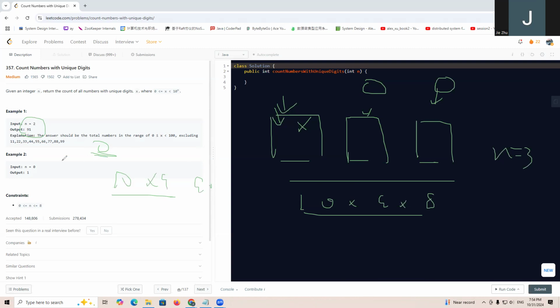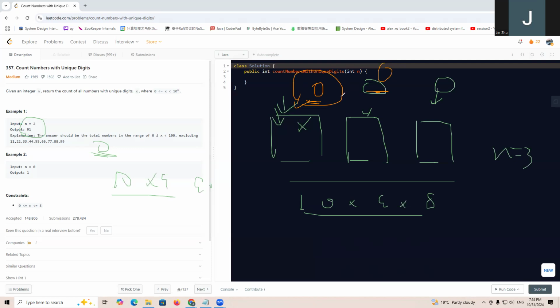The reason is that for the first digit, if we choose 0, the second digit we can still choose 0. So for the 0 case, we should handle it separately.